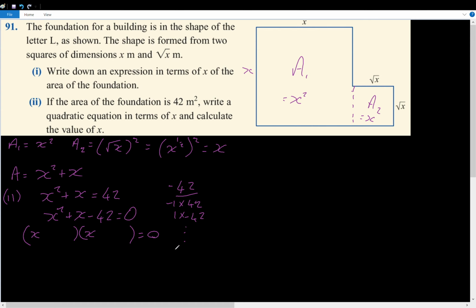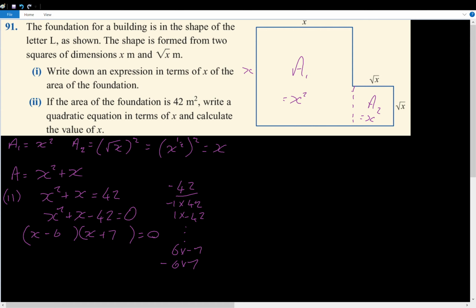But we're going to get down to 6 times minus 7 and minus 6 times 7. And we're looking to get them to sum to 1 in the middle here. So it's going to be minus 6 and positive 7.